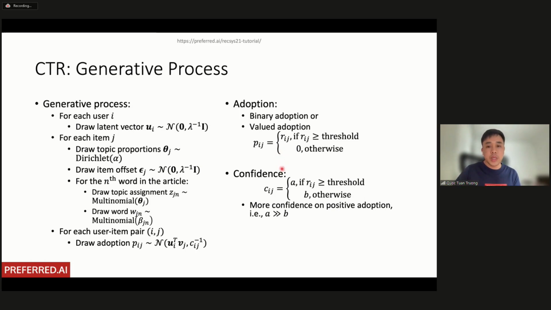Then they have this notion of a confidence, where the adoption distribution's confidence is the inverse variance of the estimation of the adoption, and they introduce these two hyperparameters A and B. If you refer back to the building block that we introduced earlier, it is a weighted matrix factorization for this part of the adoption.